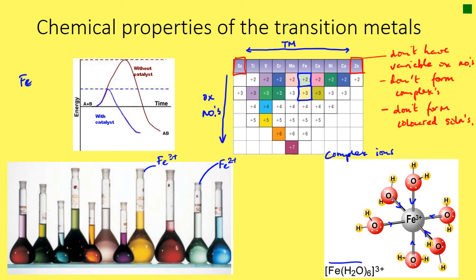So it exists as those two ions, and also +4, +5, +6, rarely, but they do exist. And the same for the other transition metals, they exist in various oxidation states. And that, in fact, is what enables them to be such good catalysts, but that's for another video lesson.